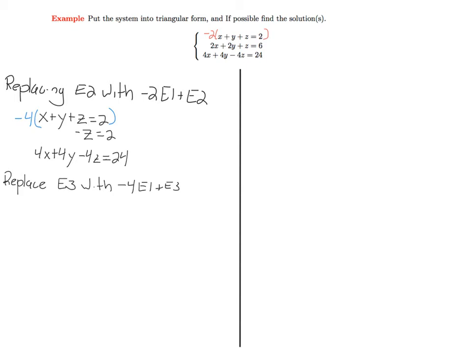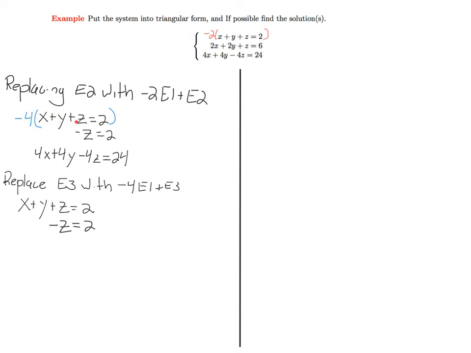So equation 1, we still have, we're not changing this, is x plus y plus z is equal to 2. Equation 2 we have is minus z is equal to 2. And now equation 3, the minus 4x and positive 4x cancel. The minus 4y and the positive 4y cancel.